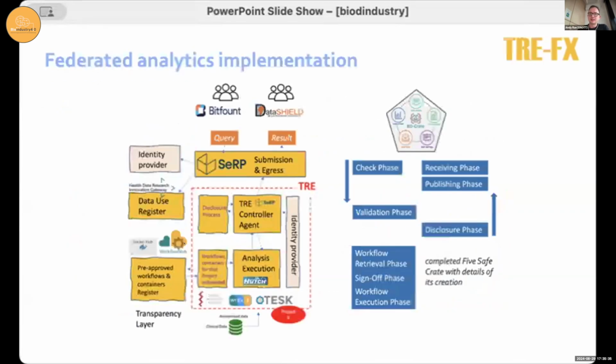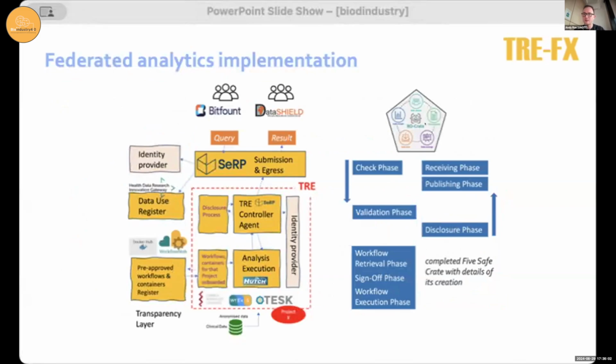On the left we have a fairly typical architecture of a TRE with queries and submissions and execution, but the RO-Crate can actually mirror that journey almost. This isn't particularly tightly controlled either. An RO-Crate can be flexible, and there is freedom for how they're updated in their life cycle, if you will.